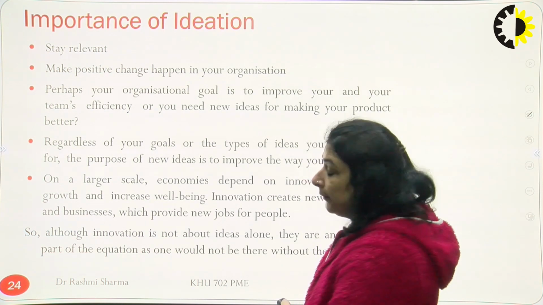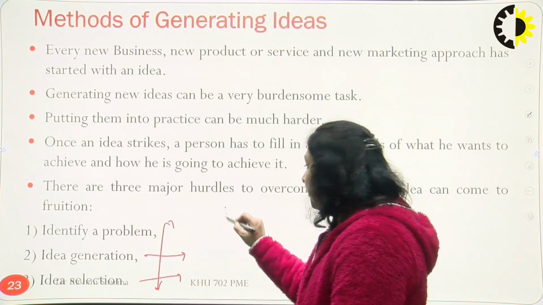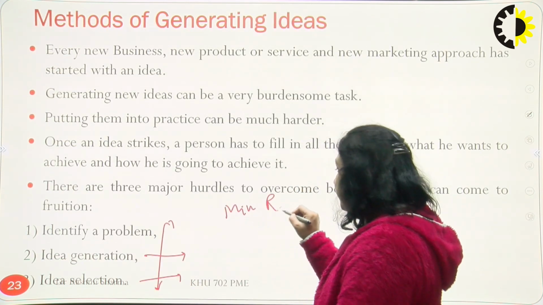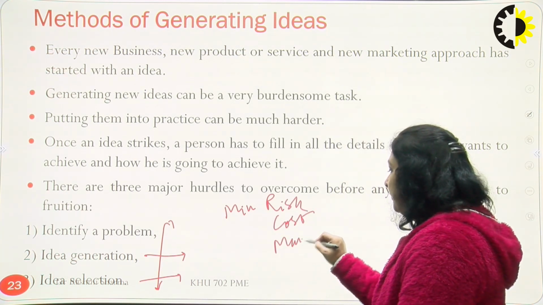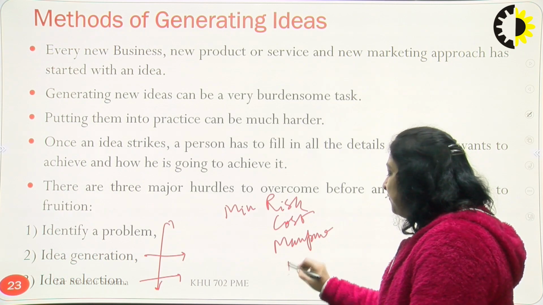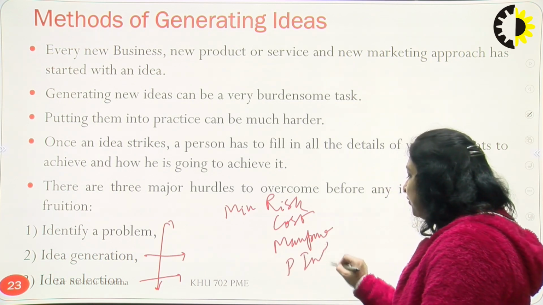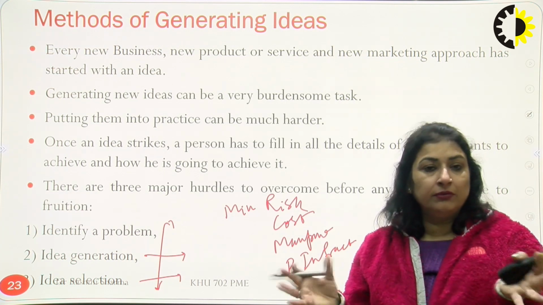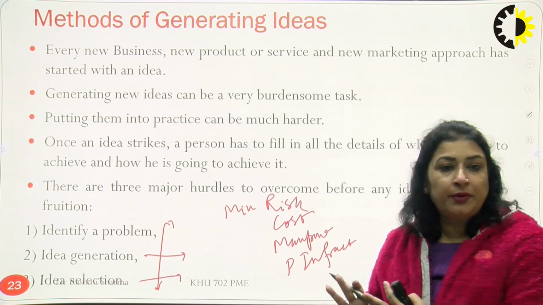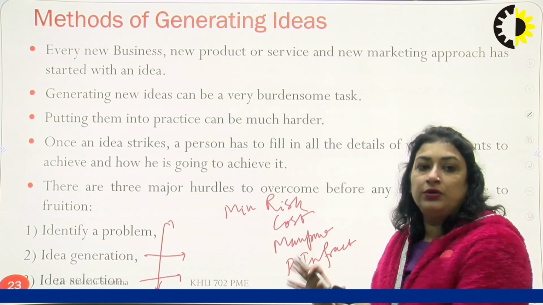This particular method selection is based on minimum risk, cost, manpower, or minimum change in the physical infrastructure of the company. Minimum doesn't mean I require 100 rupees to make all those changes.